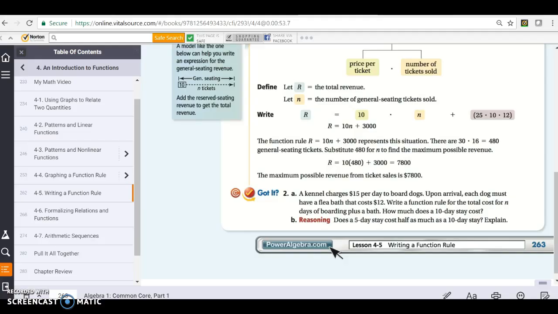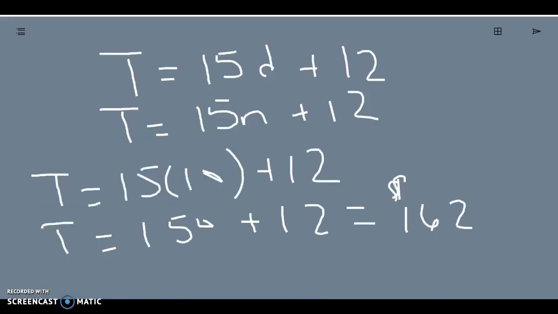All right, so reasoning says, does a 5-day stay cost half as much as a 10-day stay? Explain. All right, so let's work it out and see. So we did a 10-day, let's do a 5-day. So we have T equals 15 times 5 plus 12.